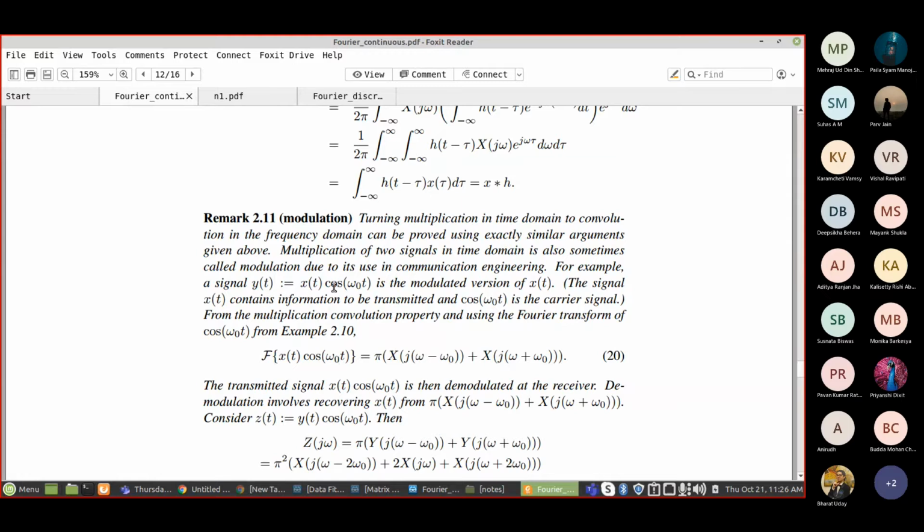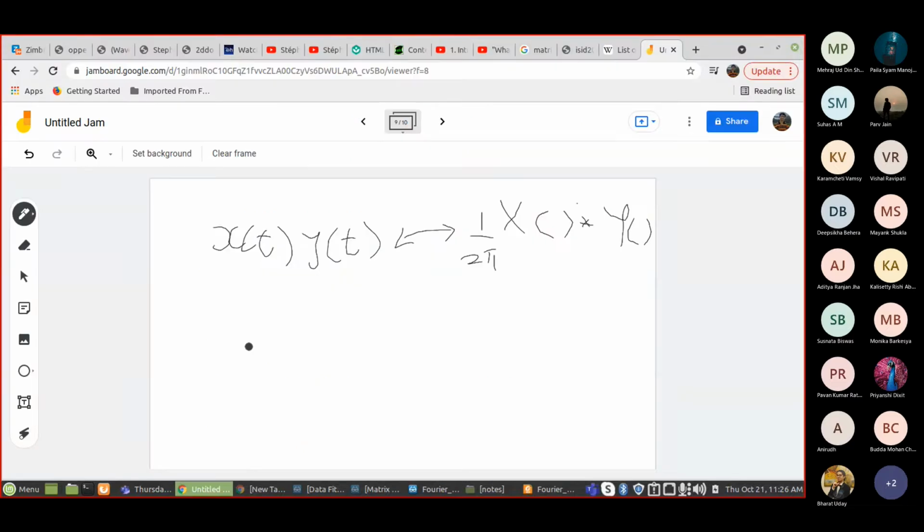So in analog communication, you have this sort of modulated signals. Okay. So x of t is something you want to transmit, and you multiply x of t with this sinusoidal function, this cos omega naught t. Okay, so let me draw this. So suppose x j omega looks like this.